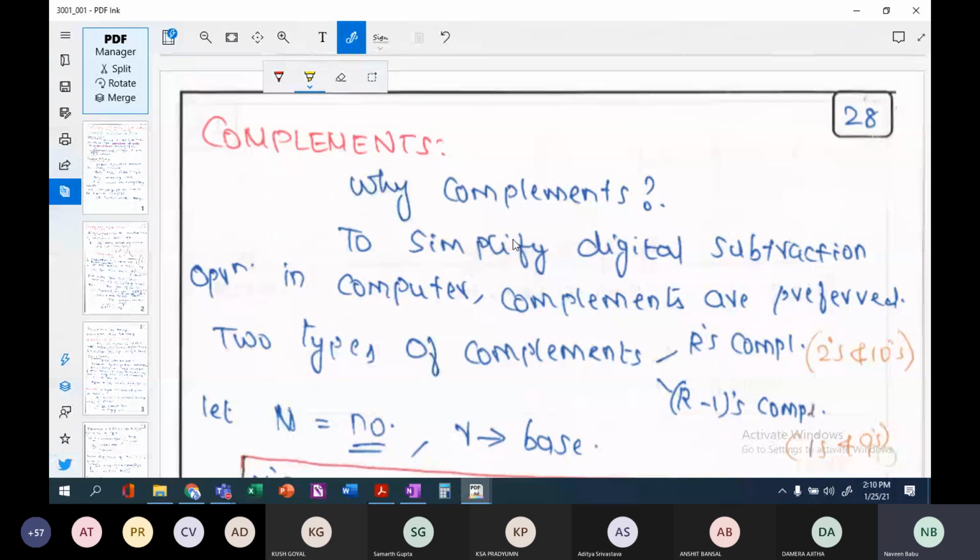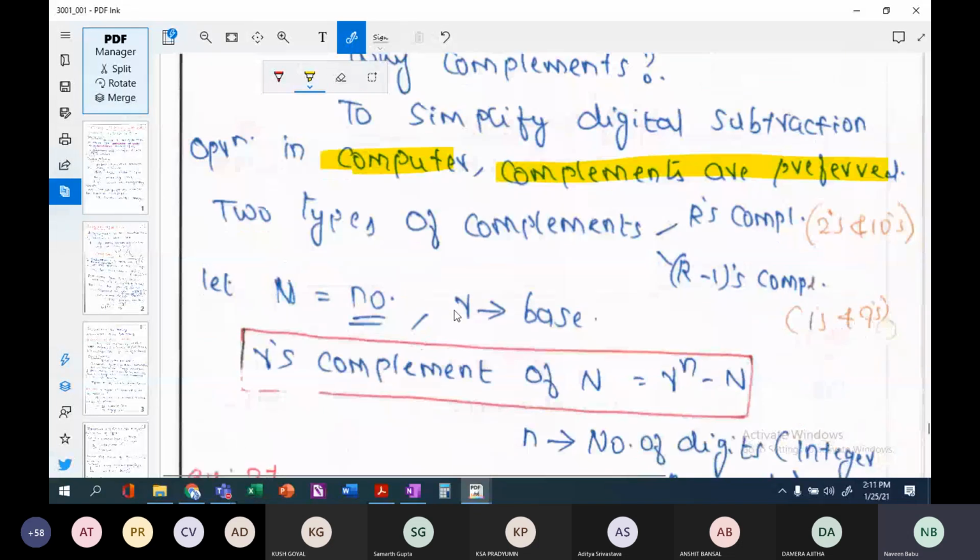There are two kinds of complements in general. In the last example, we just saw a binary number system and we said that it has ones complement and two's complement. In general, if you speak for a base R, then the two types of complement we have are R's complement and R minus 1's complement.